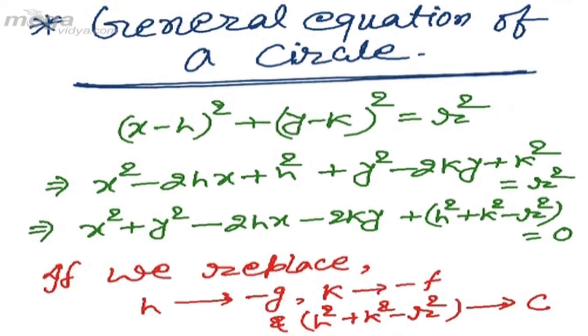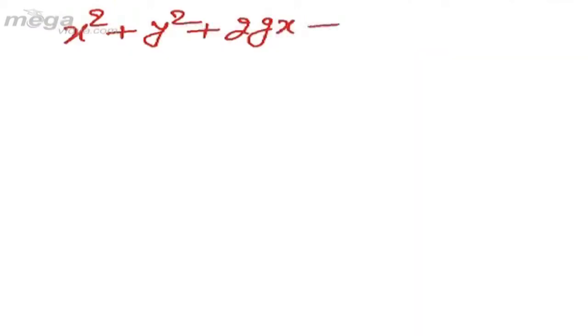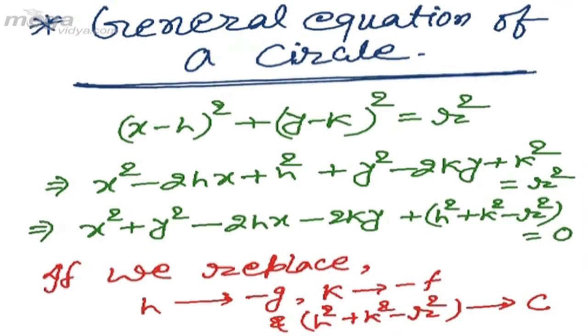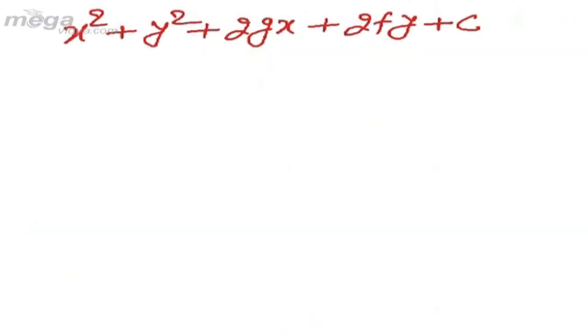In the same way, k is replaced by minus f, so it becomes minus 2 into minus f into y, that is plus 2fy, plus this whole constant h square plus k square minus r square is replaced by c. We can write it plus c is equal to 0. This is the equation of a circle in general form.